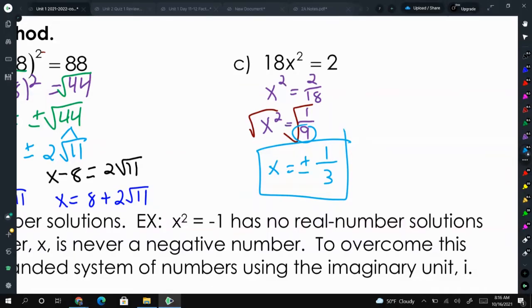Now, if we had to rationalize the denominator, if this 9 down here wasn't a perfect square, then maybe you could talk about factoring, and that may have been a better solution than this. So, like I've said before, I'm giving you tools to use, and then you have to determine which tools to use based on the information given.